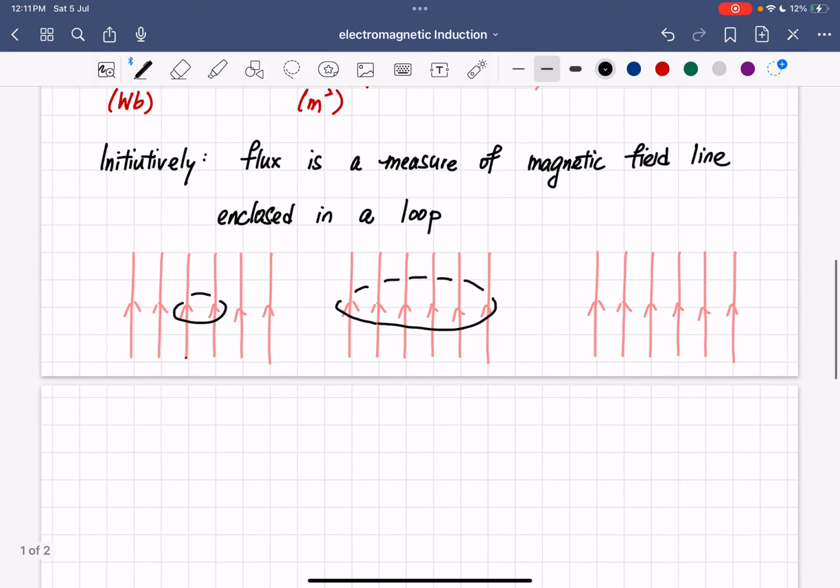Therefore, comparing loop A and loop B, the number of field lines enclosed by the loop is bigger for the second case. So the phi of A and the phi of B: we'll say phi of A is smaller than phi of B, using the uppercase.